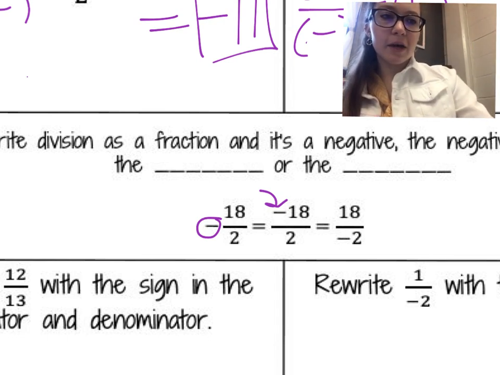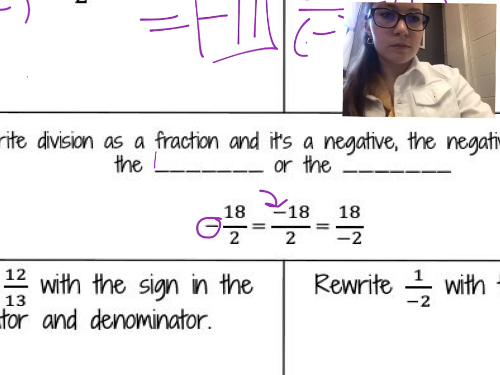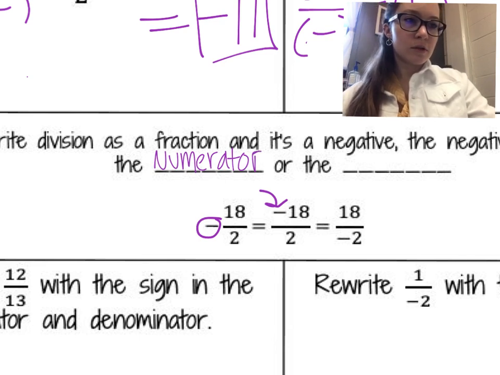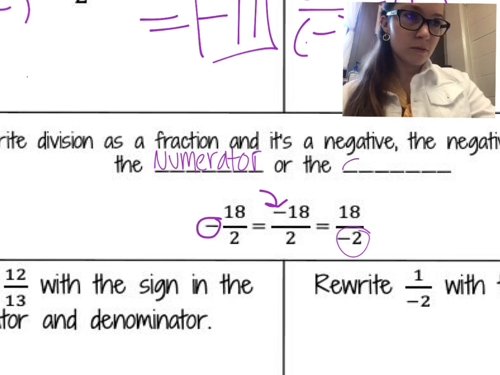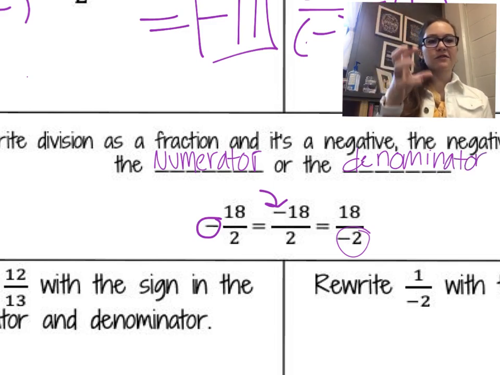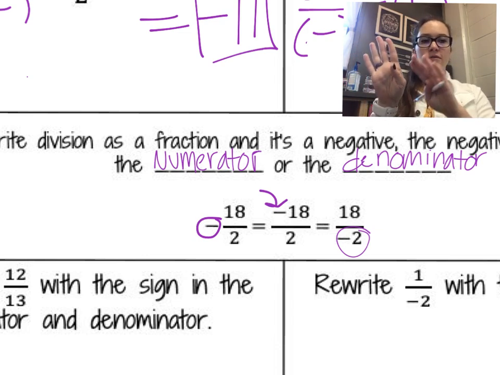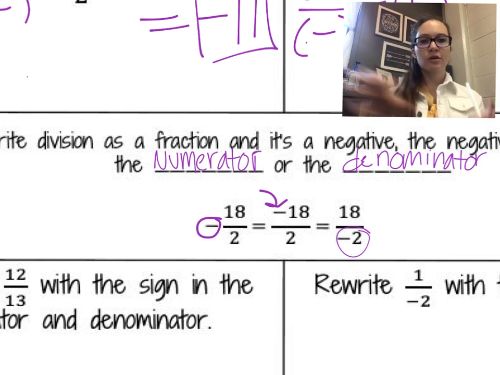So the negative can apply to the numerator to make it negative 18 over 2. Or you can put the negative and apply it to the denominator. So 18 divided by negative 2. So if it's out in front, you can apply it to either, or if it's in the numerator or the denominator, you can just pull it out front.